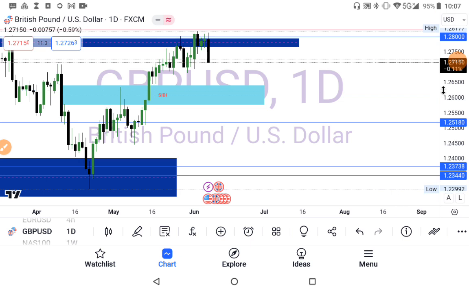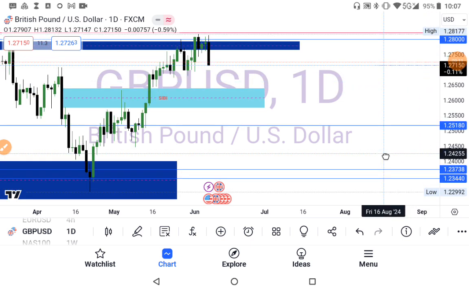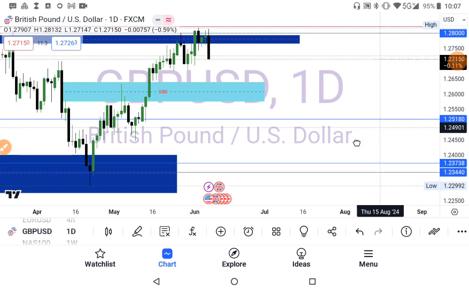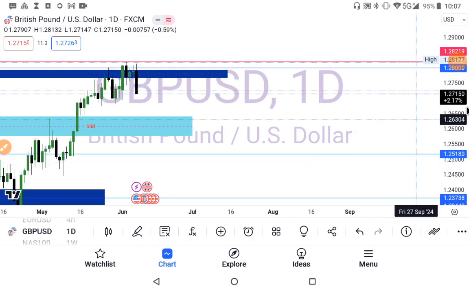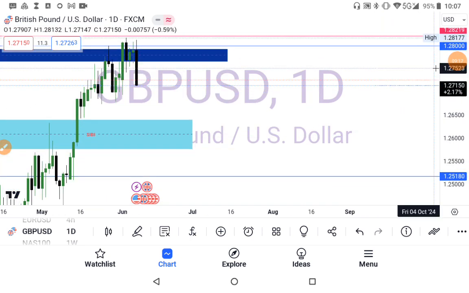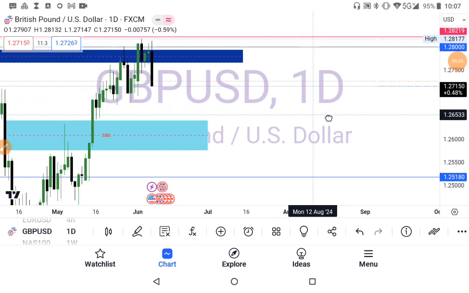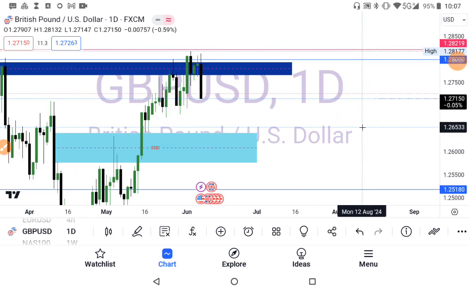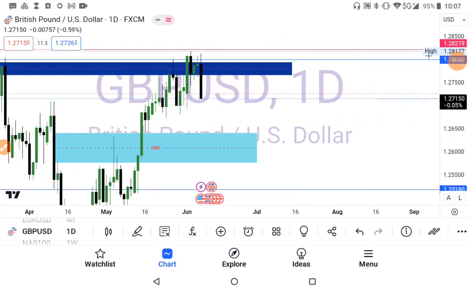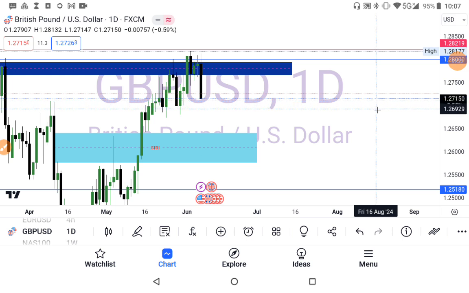But I expected 1.2821. Let me check my journal. I expect 1.2821 to serve as a resistance, because I expected 1.28219 to be delivered and serve as a further resistance to the market.